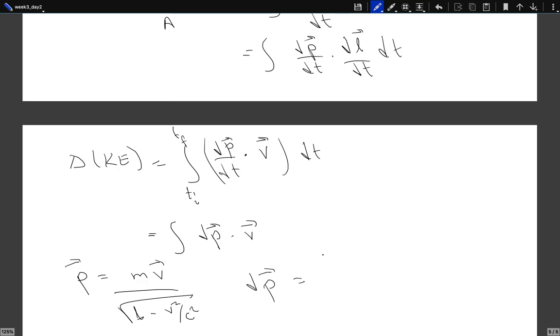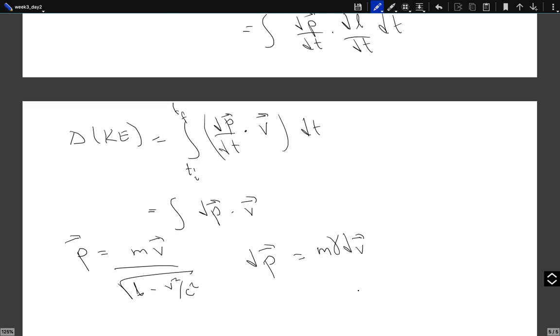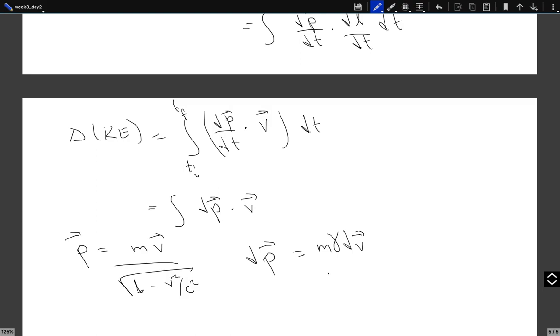So what is dp? This is m times dv times gamma plus mv times minus 1/2 times gamma cubed times minus 2v dv over c squared.